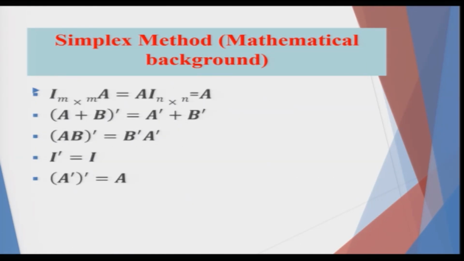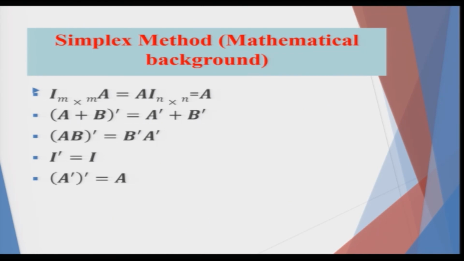Coming back to the identity, this is important because the identity concept will be utilized. If I pre-multiply A, of size m cross n, with an identity matrix of size m cross m, and post-multiply A with an identity matrix of size n cross n, considering the sizes so that matrix multiplication holds, we should get the matrix A. That means pre-multiplying or post-multiplying a number with 1 always leads to the same number: 1 into 3 is equal to 3 into 1 is equal to 3.